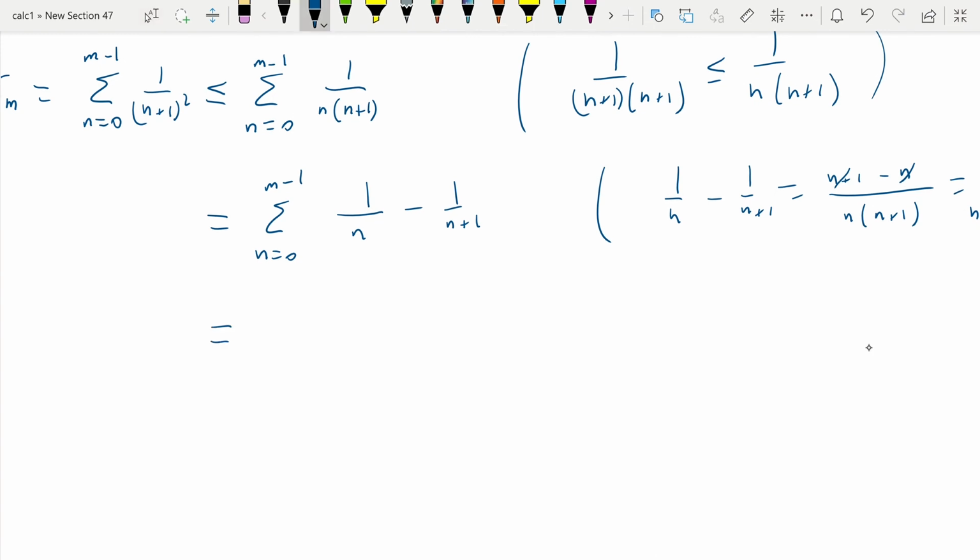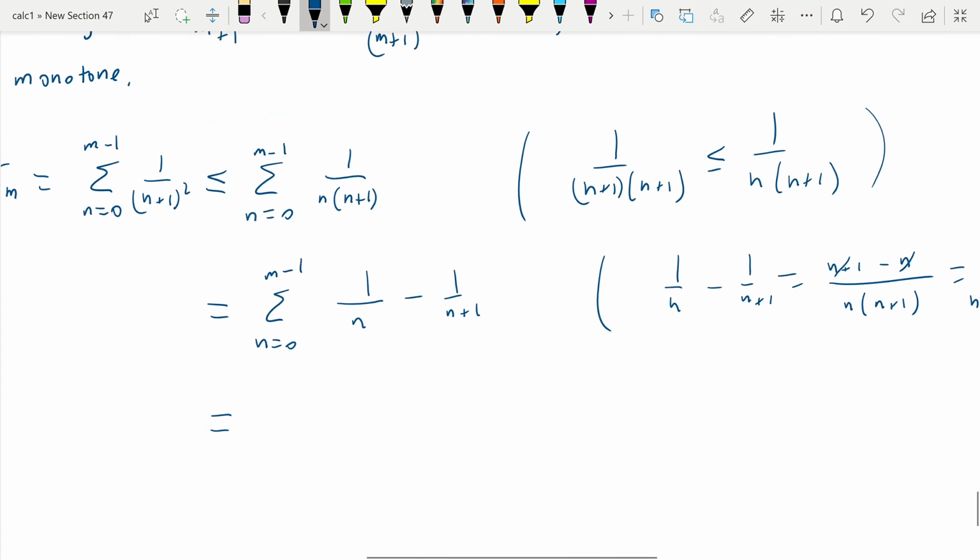Now, this is a telescopic sum, so the terms will start canceling out, and only the first term and the last term will survive. Here, of course, I should have then dropped the first term, so here n equals 1. Otherwise, this will not make sense.